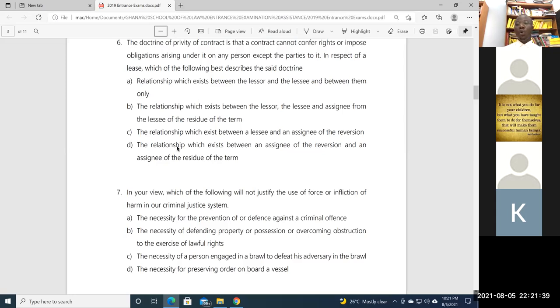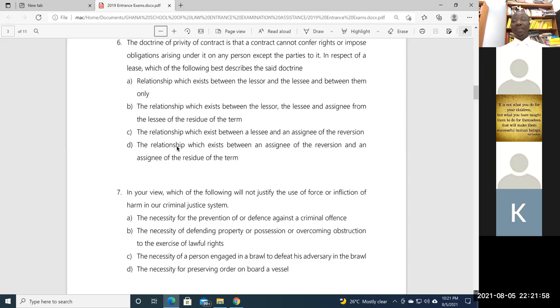So first of all, we know privity of contract. Just a quick recap. We know that in the case of Tweddle and Atkinson, the position of the law was that a contract created no right or obligation for third parties.